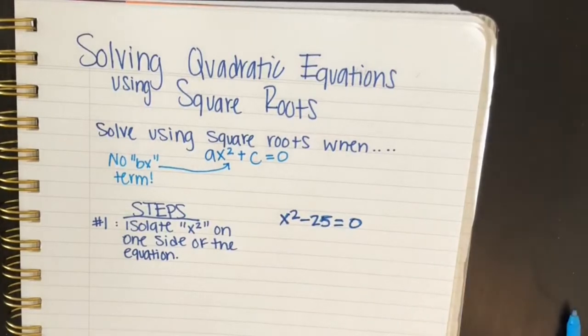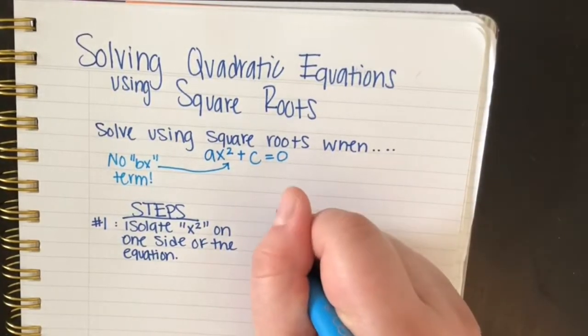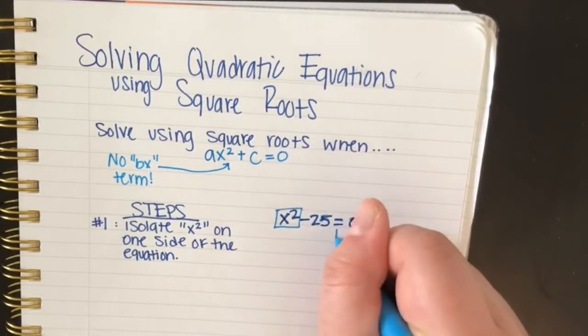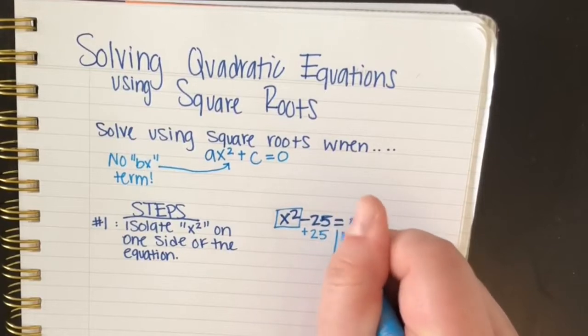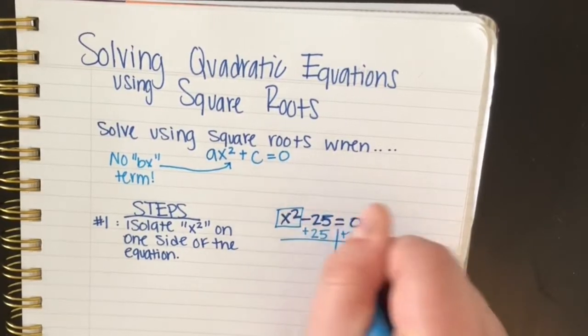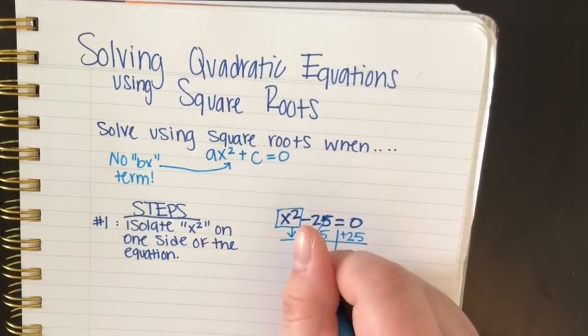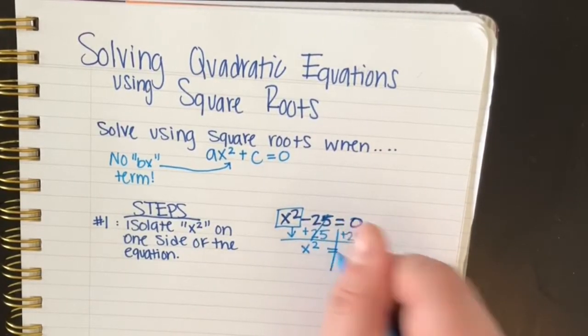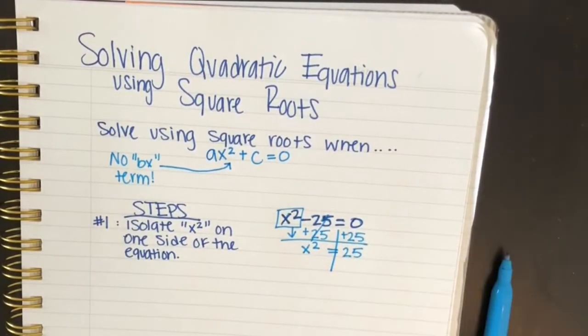So what that's going to look like over here is us solving for x squared. We're trying to isolate it or get it by itself. I'm going to add 25 to both sides. Negative 25 plus 25 cancels. I bring down the x squared equals 0 plus 25 is 25. So that was step 1.